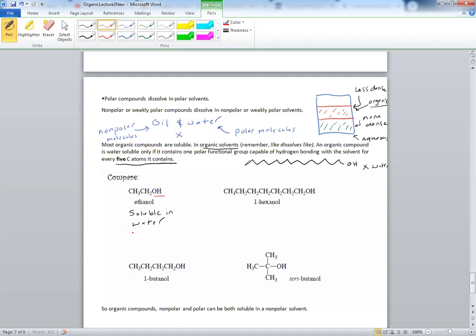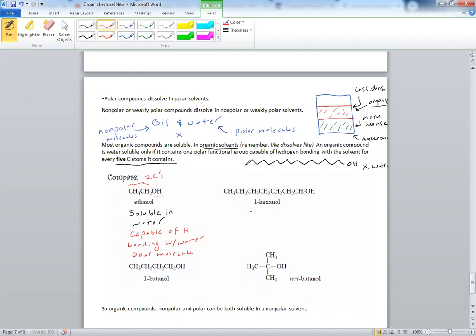Again, this is capable of H bonding, and it's also a polar molecule. You only have 2 carbons here. We said for every 5 carbon atoms.